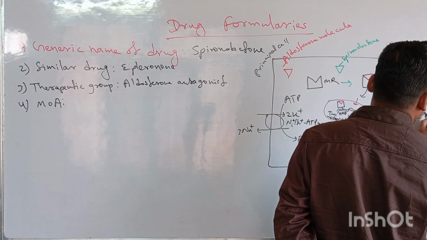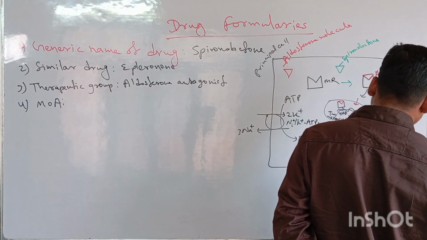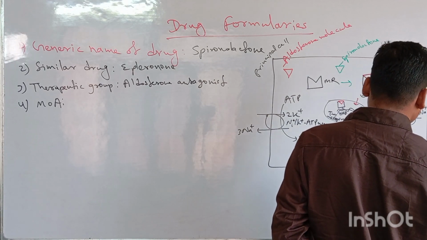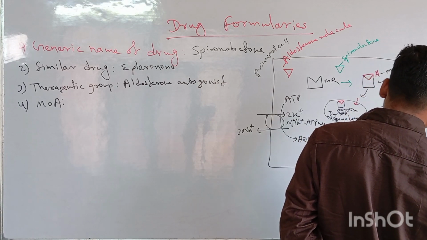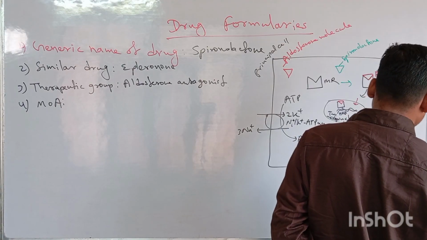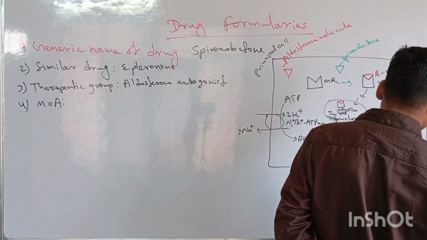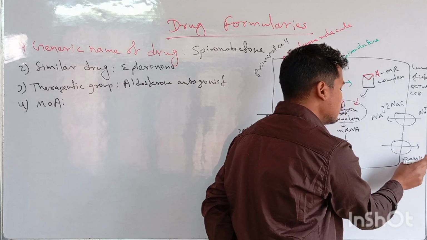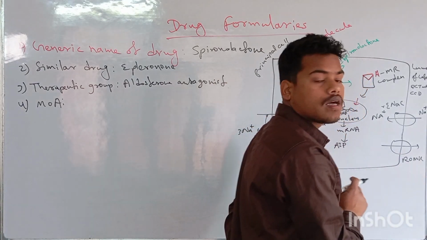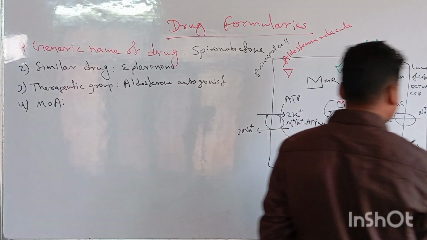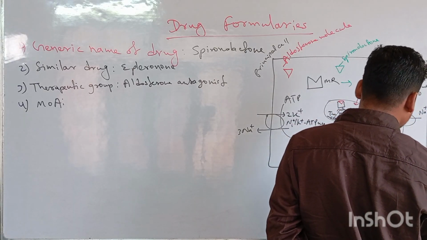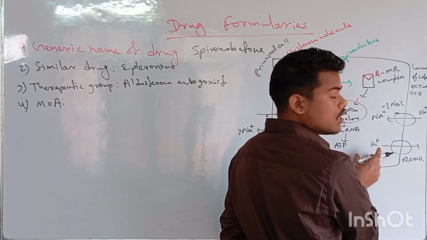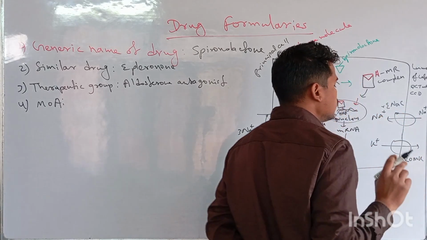Here is sodium in the lumen, and one more channel protein it will form is ROMK, the renal outer medullary potassium channel. Through this channel, facilitated diffusion of potassium will occur from inside the cell, the luminal cell, to the lumen.